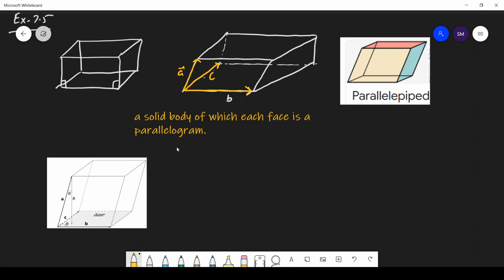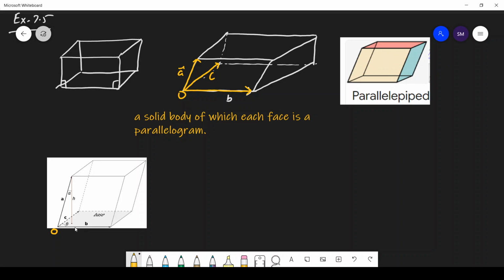We consider a parallelepiped having three non-coplanar vectors, which means all three of them don't lie on the same plane, and their edges meet at O. So let us consider this point as O.